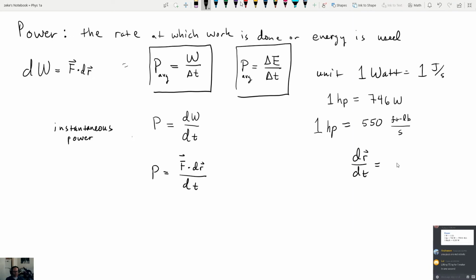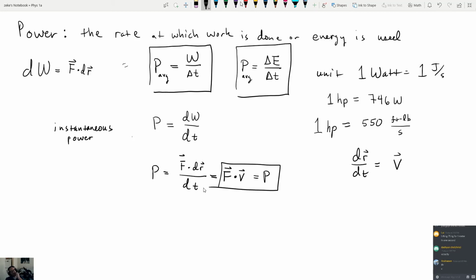So it's velocity. Yep. Then we can replace this with just the force dot product with the velocity. So that's another way to find instantaneous power. This is a pretty helpful version of the power. Force times velocity.